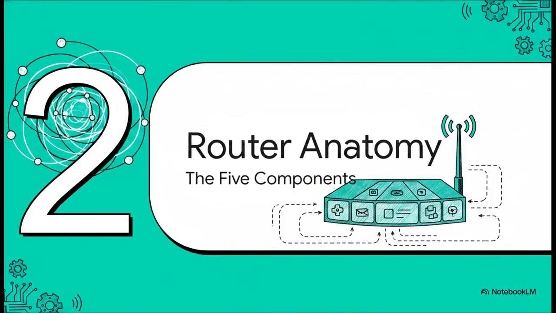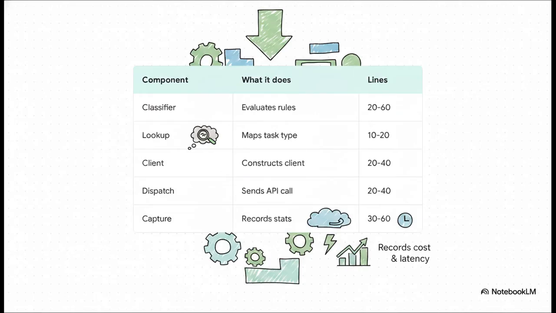Moving on to Section 2, Router Anatomy, the 5 components. Let's break this down. Believe it or not, a complete production-scale router basically consists of just 5 little parts. First, you've got the task classifier, which evaluates your rules to decide the route. That's maybe 20 to 60 lines of code. Next up, the route lookup maps that task type to a specific provider definition.